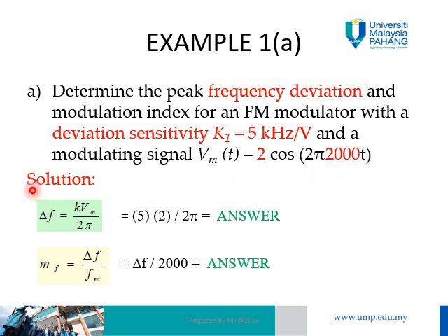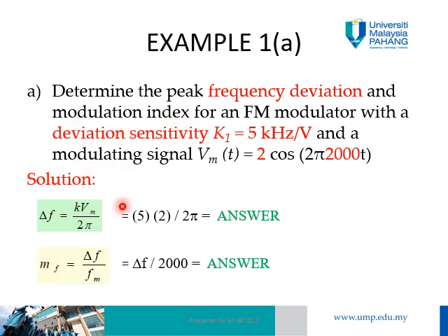Okay, the solution: determine the peak frequency deviation, delta F equal to K Vm over 2 pi. So just input the values for this equation. K equal to 5 multiplied by 2, Vm, divided by 2 pi. So you'll get the answer.